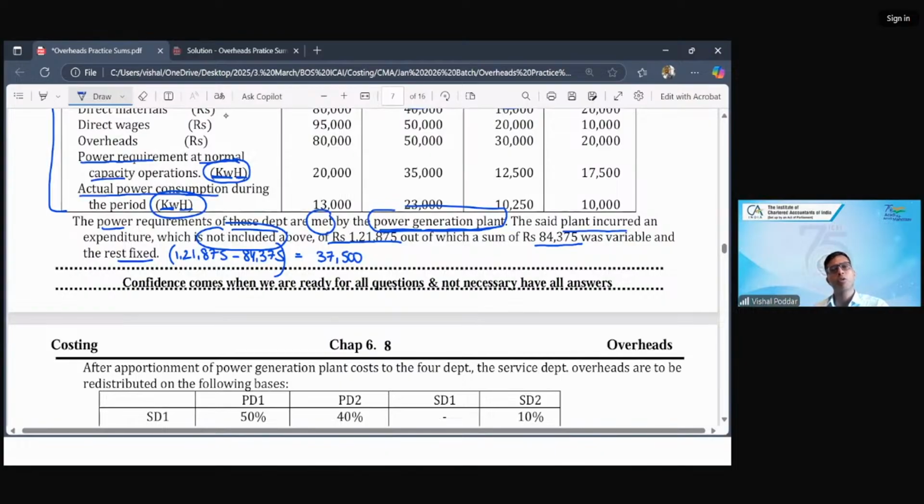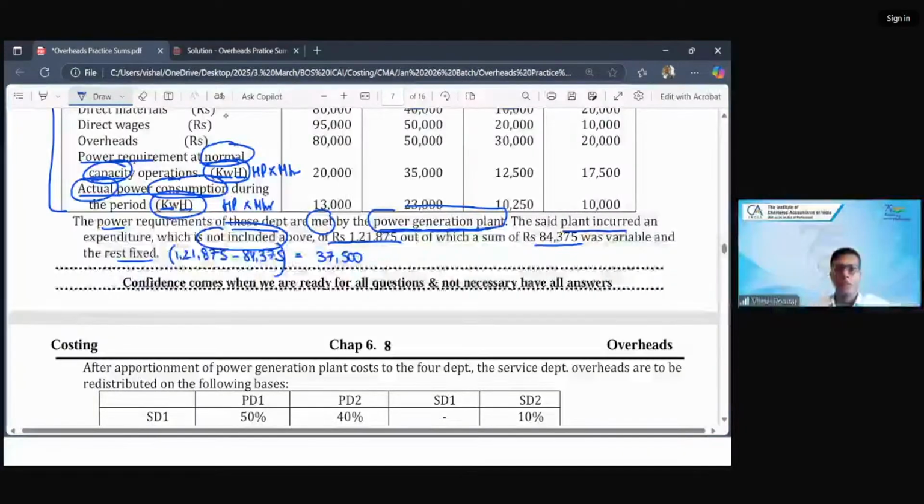They have given you HP into machine hours, which we require for power, right? And this is given for two different levels. One is your normal capacity and the other is your actual consumption.